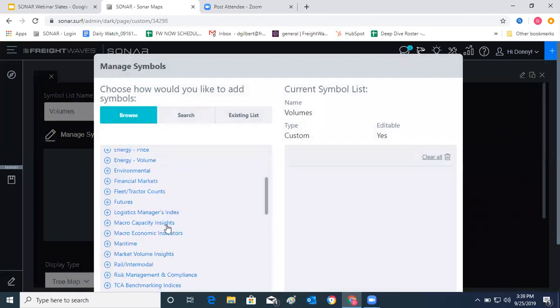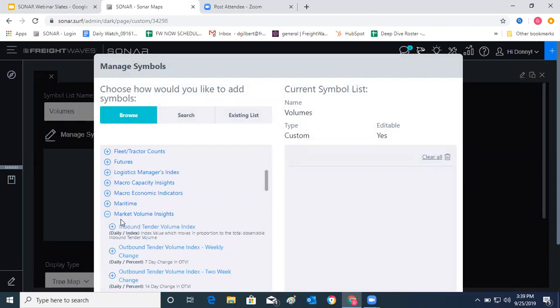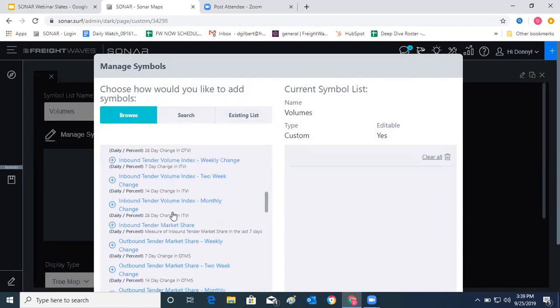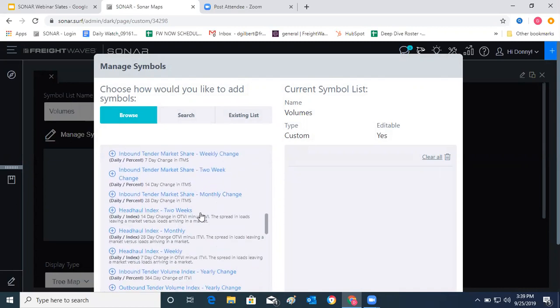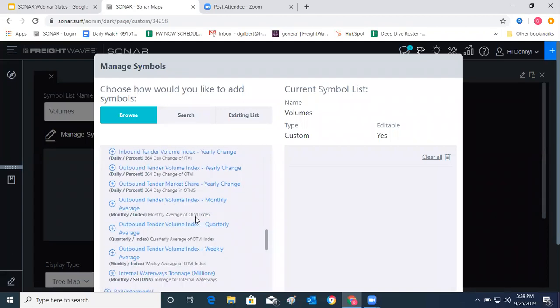I'm going to go down to our volume section, market volumes. I'm going to scroll down to outbound tender volume. This is weekly change, 2 weekly change, but I want the actual outbound tender volumes. Yearly change.